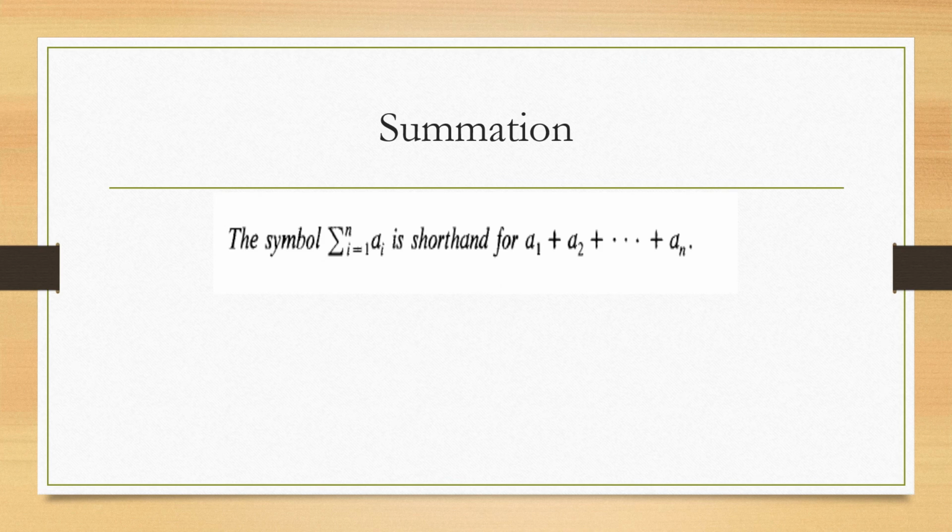Before going on, it's important to know about the summation and the symbol used for summation. We often read such type of terms. This is the shorthand for the summation of these terms.